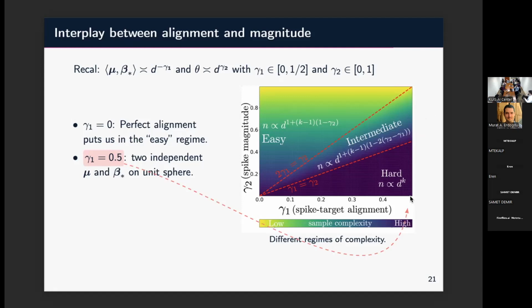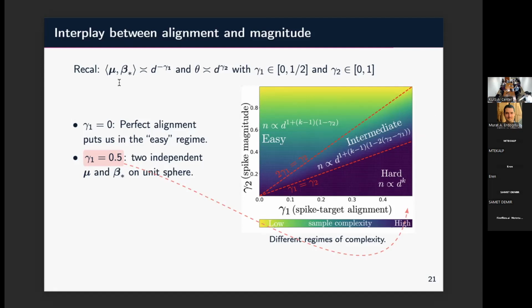Because gamma 1 equals 0.5 corresponds to two independent uniform random vectors. If you choose mu and beta star entirely independently from the uniform distribution on the sphere, that is basically gamma 1 equals 0.5. Even though your spike is uninformative, you still get something if the magnitude is large enough.